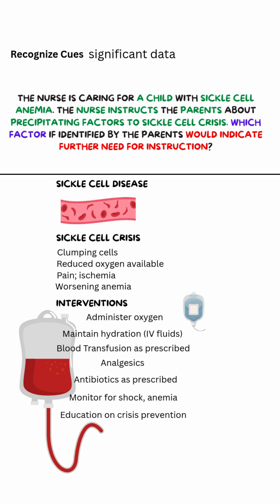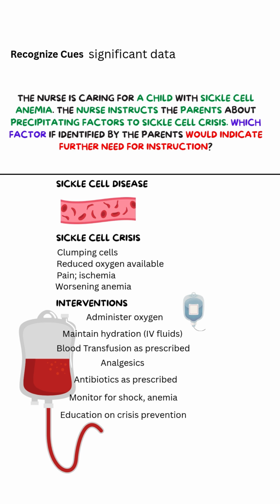So when you're taking care of someone with sickle cell crisis, you're going to be focused on your interventions here, which is administer oxygen, of course, and maintain hydration. It's very important to get those IV fluids going. They may have to have a blood transfusion. They're going to be needing pain medicine. They may need antibiotics.